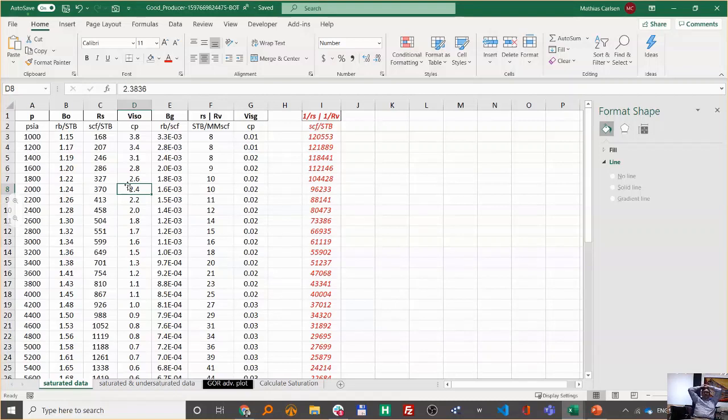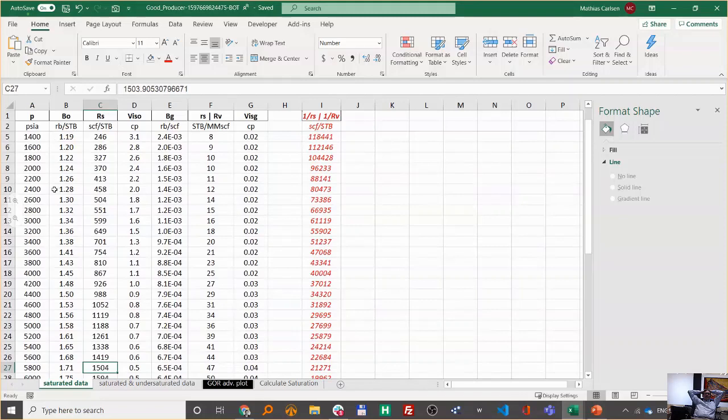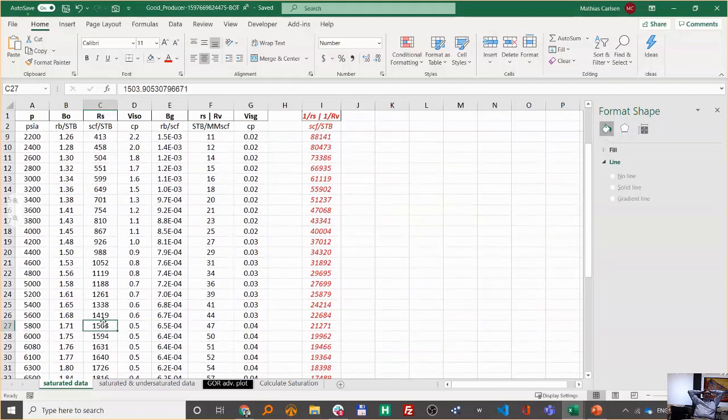So what we have to always start with is this saturated data table right here. And we see that our solution GOR is given in this particular column right here. And it is increasing all the way up to, and it's not a coincidence that we picked 15,004. That's because it is given here, so we don't have to interpolate any data points.